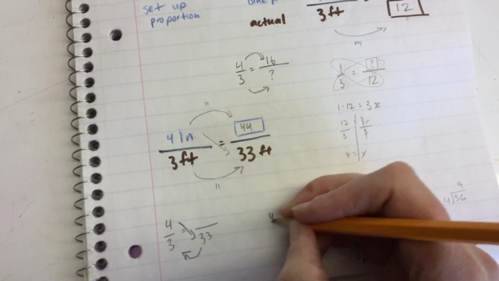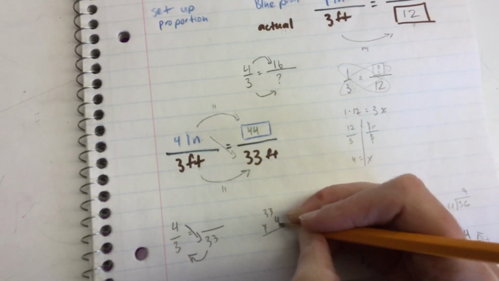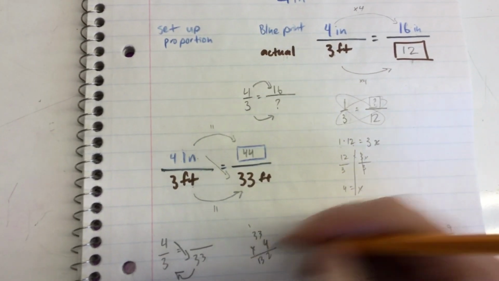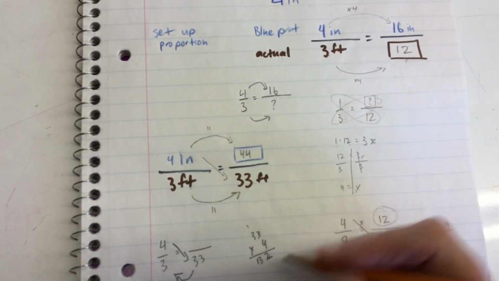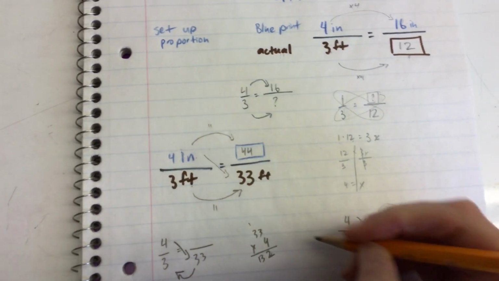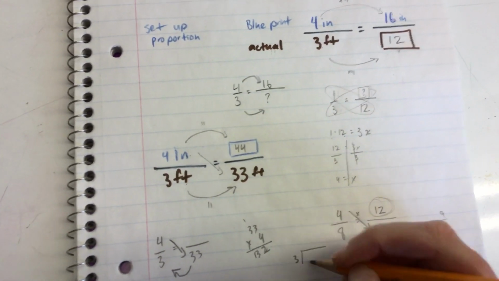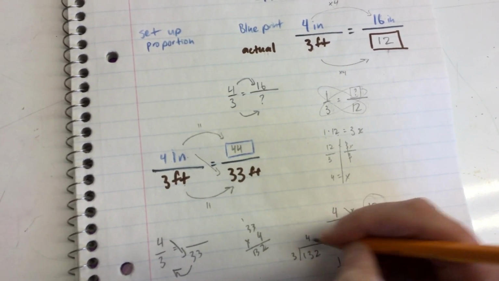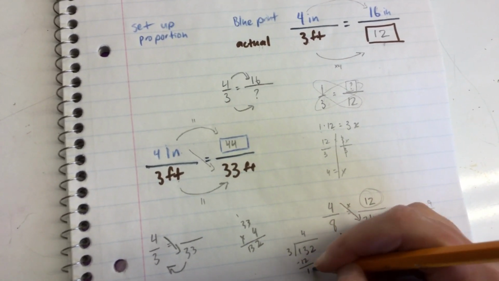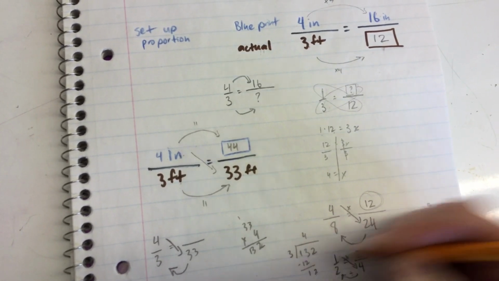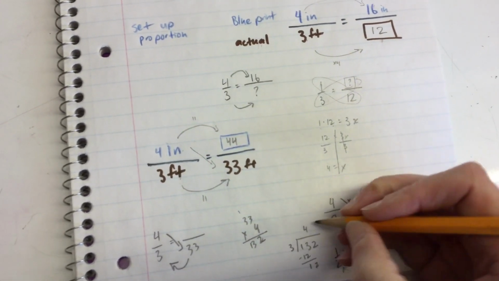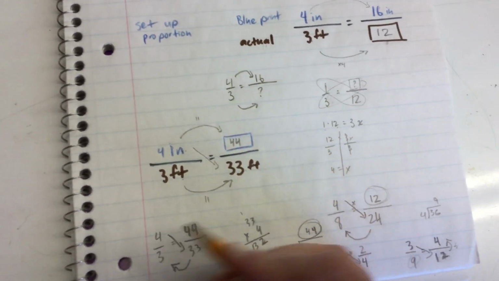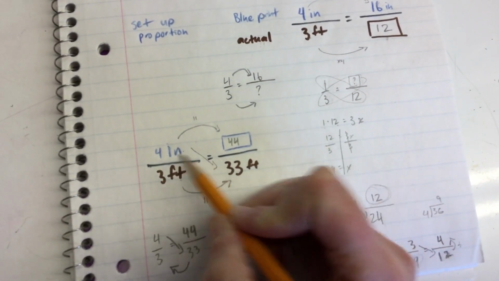4 times 33 is 132. And then you divide by the leftover number, which is 3. 3 goes into 13 4 times. 3 goes into 12 4 times. So here we go. This method will work even if this doesn't come out even.